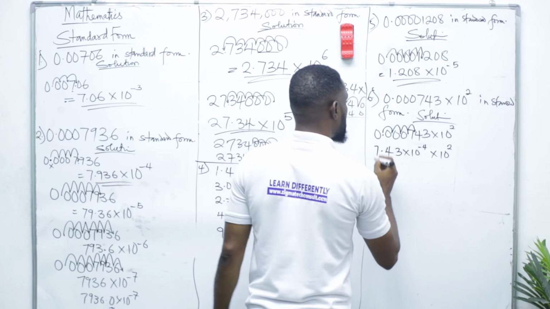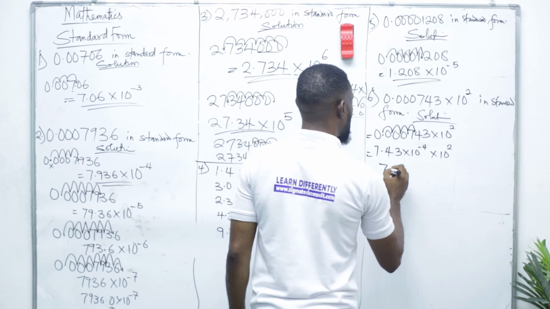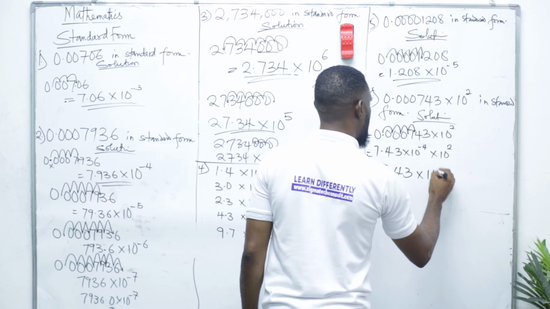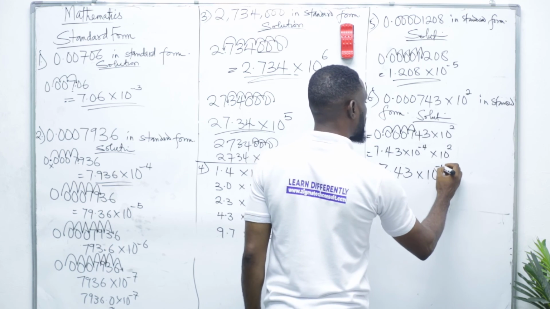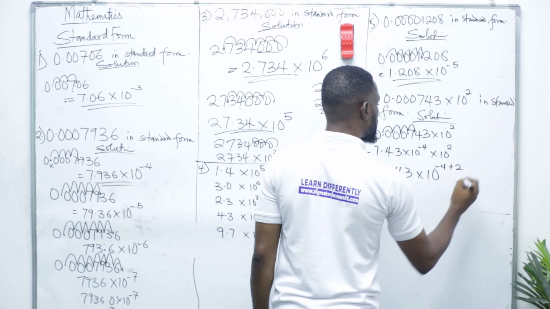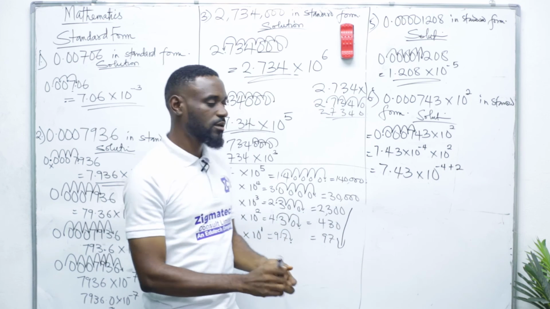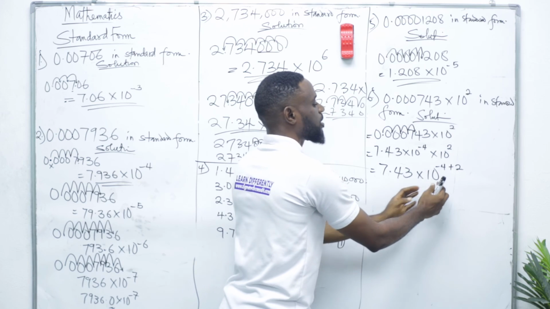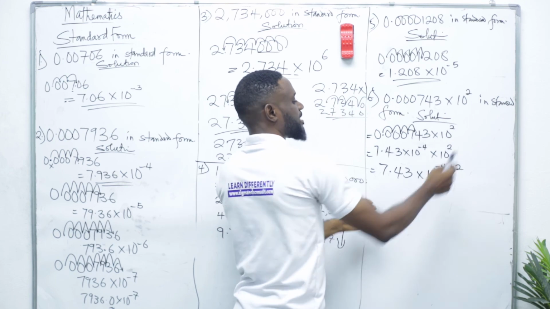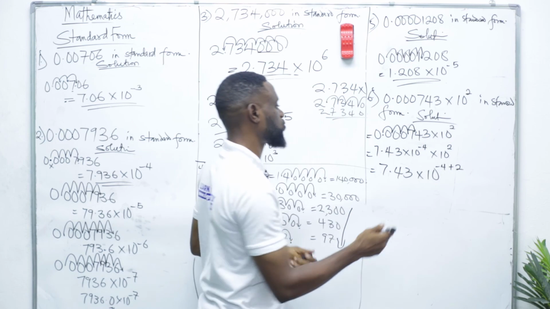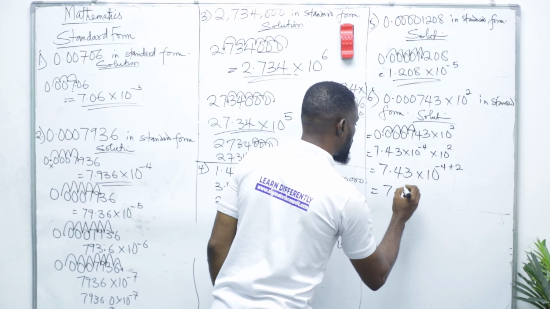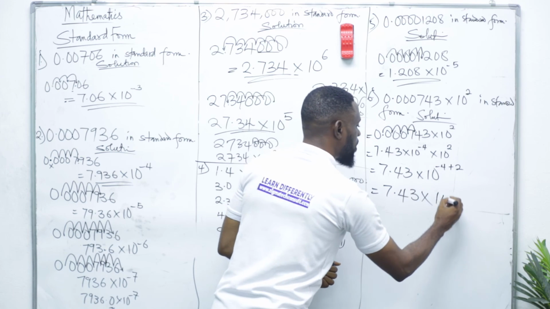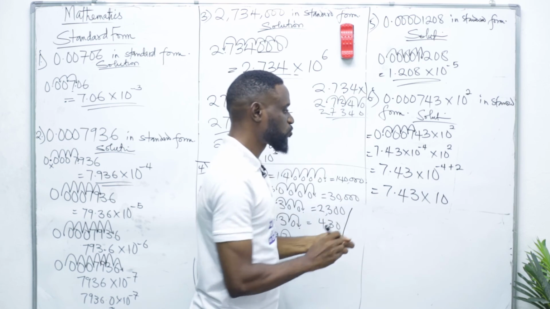So what that means is 7.43 times 10 raised to power minus 4 plus 2. Have you seen what we did there? I brought a common base for them. Then I added their powers, minus 4 plus 2. So this will be equal to 7.43 times 10 raised to power minus 4 plus 2.